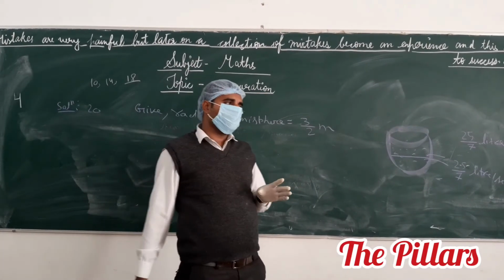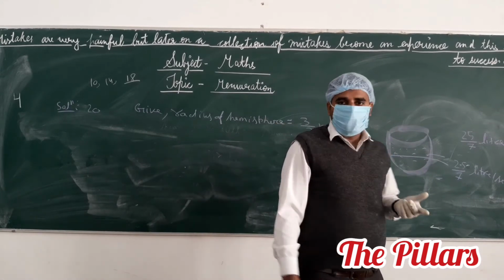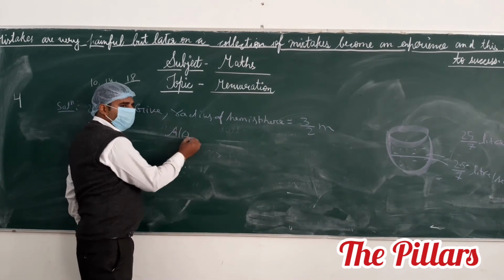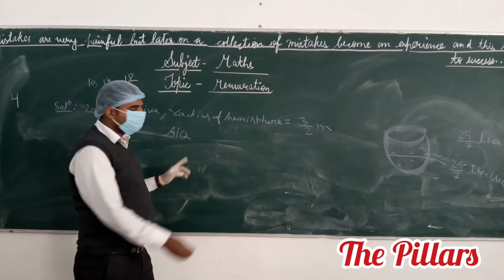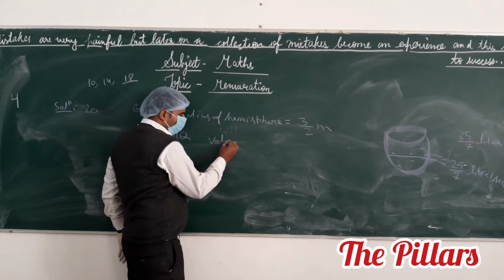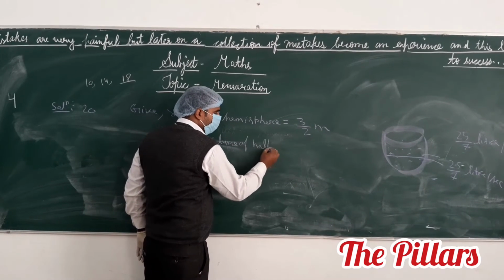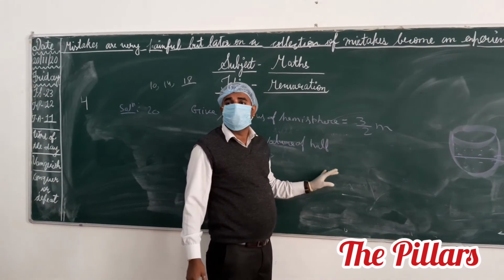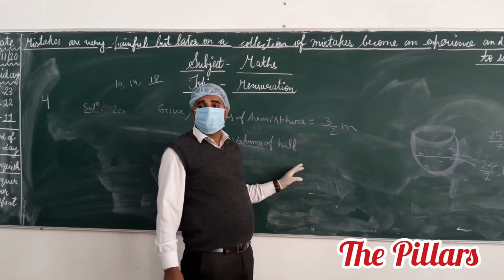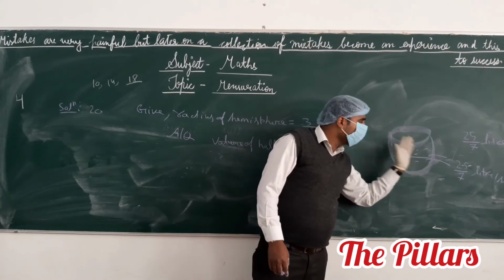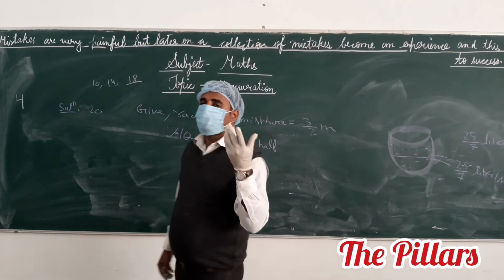Till here, does anyone have any problem? Okay. According to the question, the volume of half... this is not speed, this is the rate given by which the water tank is empty.